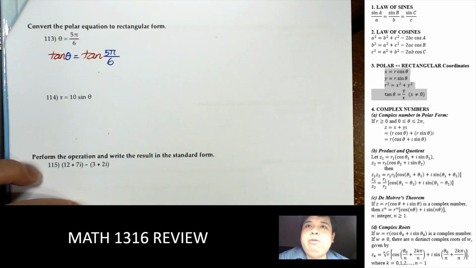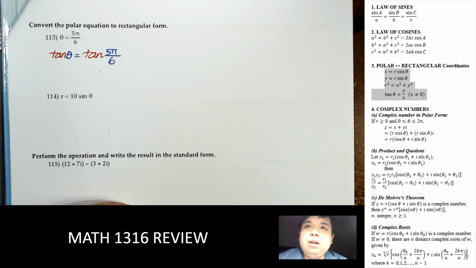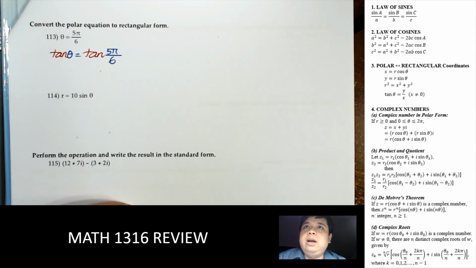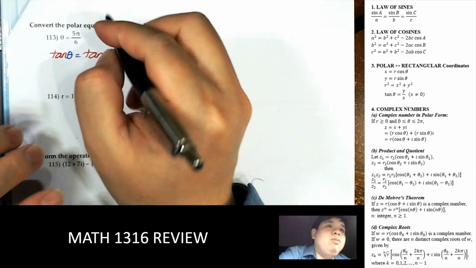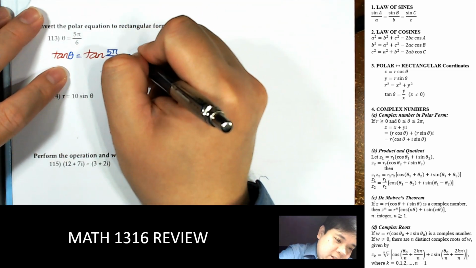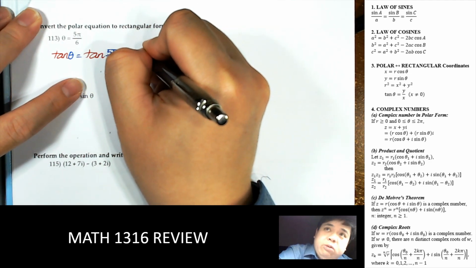So tangent of 5 pi over 6. Tangent, I just use a calculator. 5 pi over 6 is like 150 degrees. And we have, yes, negative 1 over square root of 3.